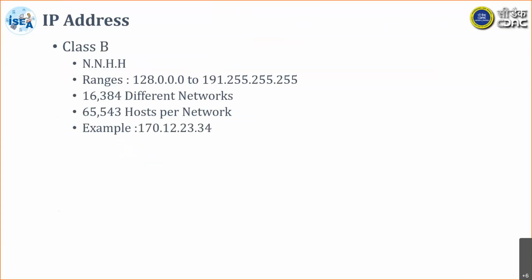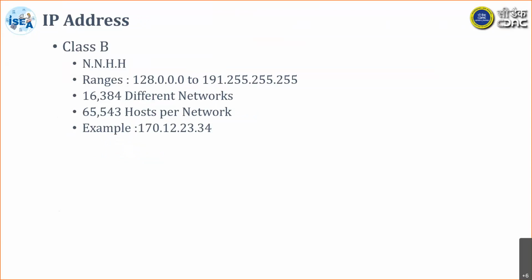The class B has 2 networks and 2 hosts, which means we have an equal number of network and host parts, and the range is from 128 to 191. So any IP address between 128 to 191 is a class B IP address.